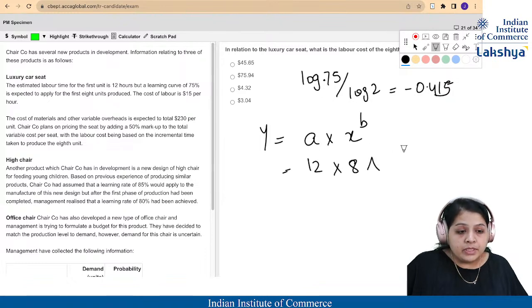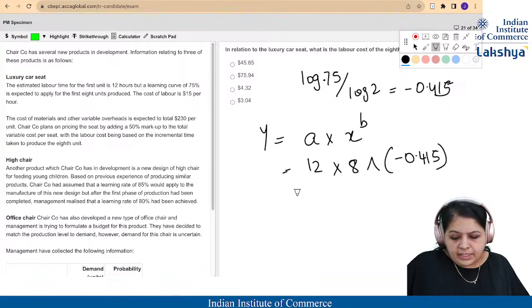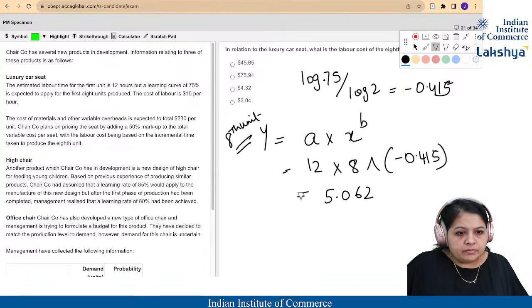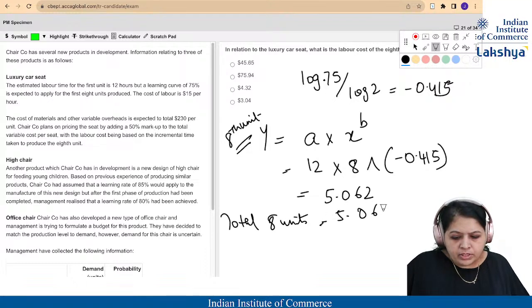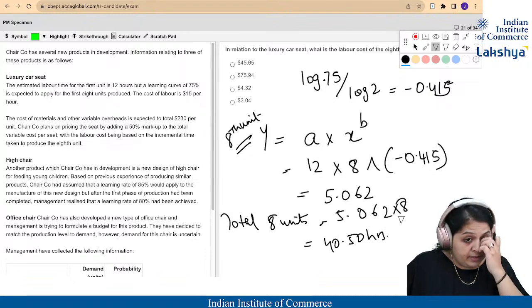Exponential is what you use in the Excel sheets, minus 0.415, right? So you get your value, which is 5.062, and this is for your 8th unit, right? So for total 8 units, it will be 5.062 into 8, coming to 40.50 hours, right?